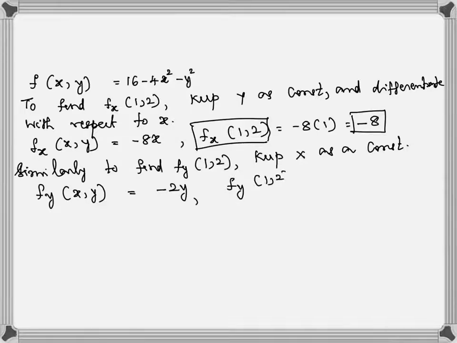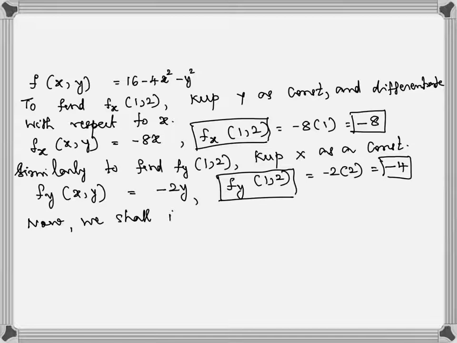Substituting y equal to 2 here, we get negative 2 times 2, which is equal to negative 4. So both partial derivatives with respect to x and y are negative. So the slope of the tangent line at the point (1, 2), in the direction of x and in the direction of y, both are negative. We'll graph the surface and interpret what exactly this means. What do we mean by this negative value for fx and fy?